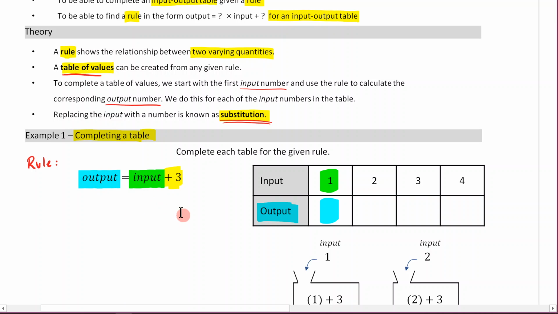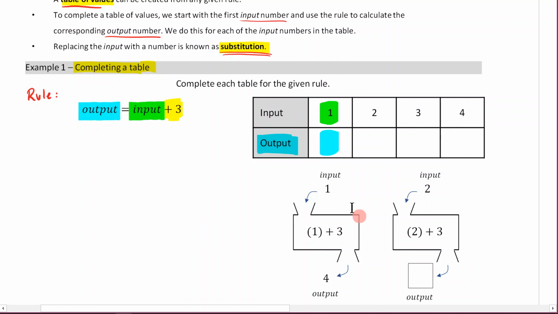And sometimes the way I like to visualize this is as a machine. So our rule kind of acts as a machine. We have our input number. Our input number is 1 in this case. We put our input number into our machine. So this is our rule. So now we're going to get 1. And remember, our rule tells us that we have to +3 to it, as it says here, +3.